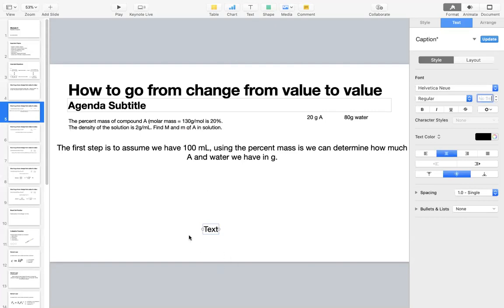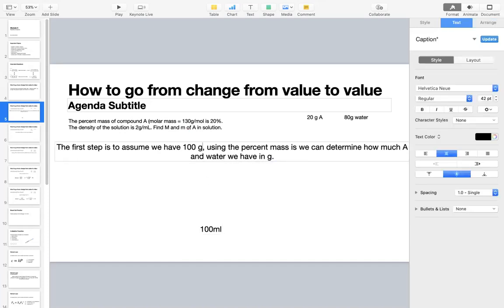So we have 100 milliliters, and we assume we have 100 grams of solution.